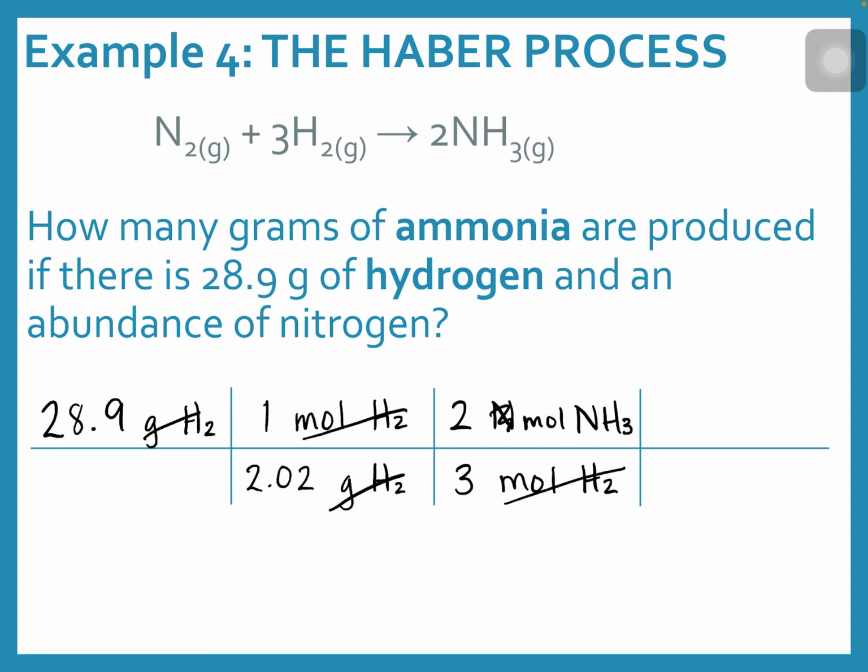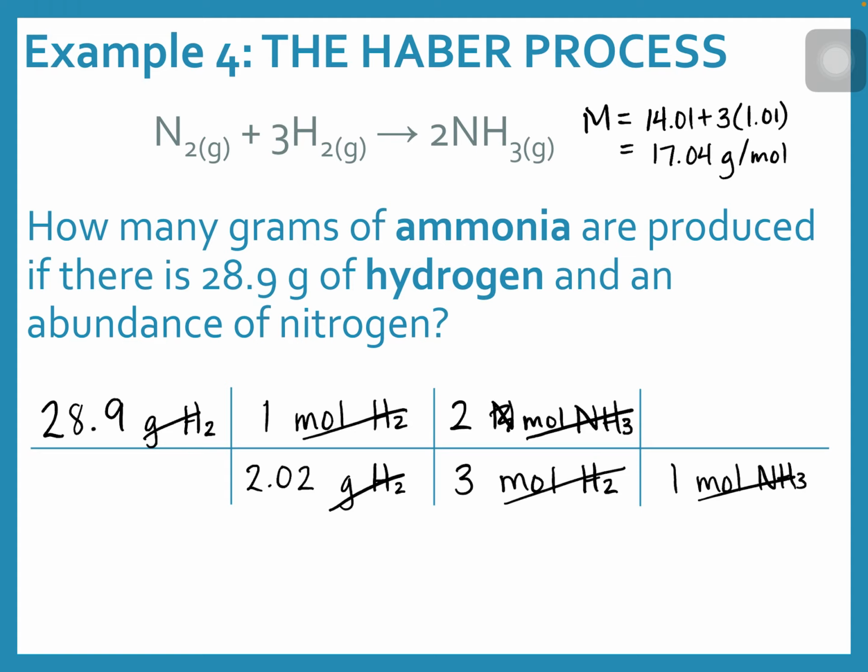So now I need my molar mass for ammonia, which is 14.01 for nitrogen plus 3 times 1.01 for the 3 hydrogen atoms, which is going to give me 17.04 grams per mole. So 1 mole of ammonia, so moles ammonia on the bottom to cancel. 1 mole of ammonia has a mass of 17.04 grams.